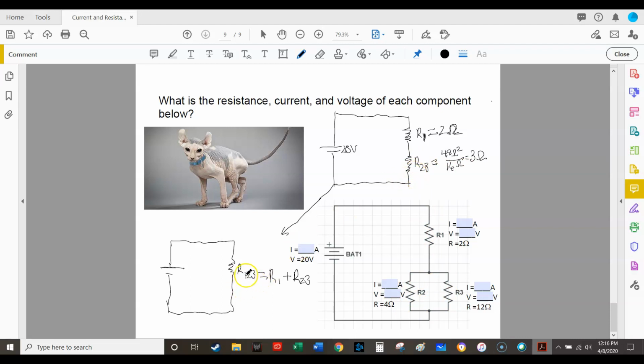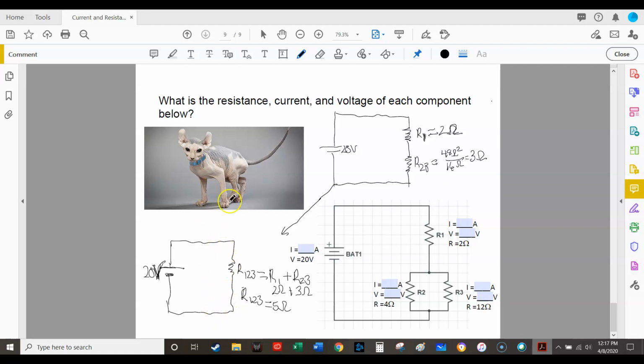So R1 plus R23 is equal to, R1 is 2 ohms, and R23 is 3 ohms. So that means R123 is going to be 5 ohms. And that 5 ohm resistor is in parallel with a 20 volt battery.